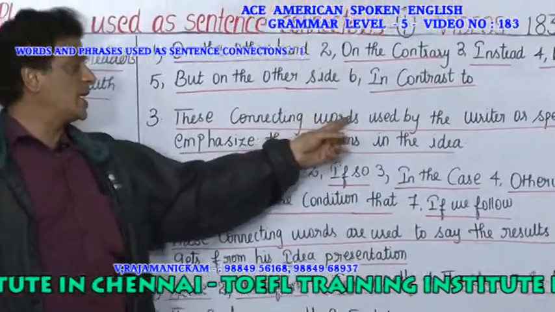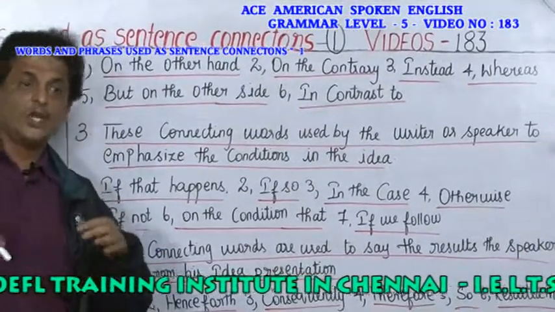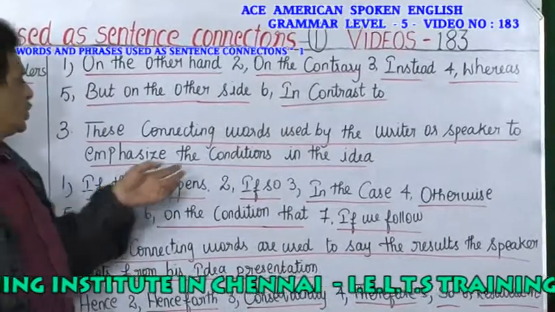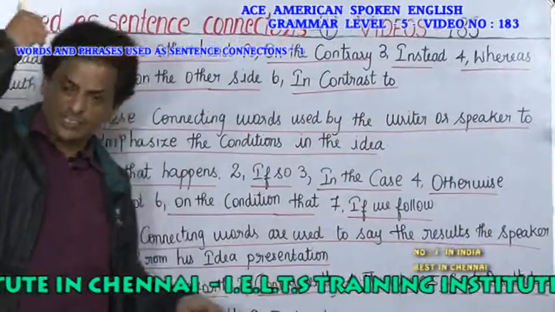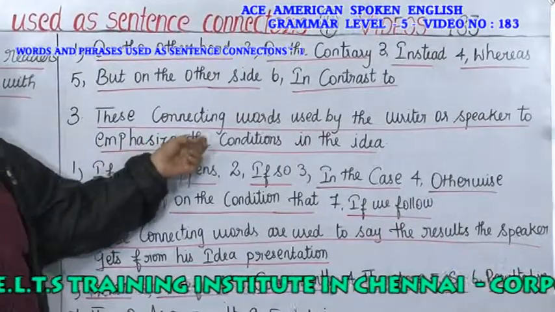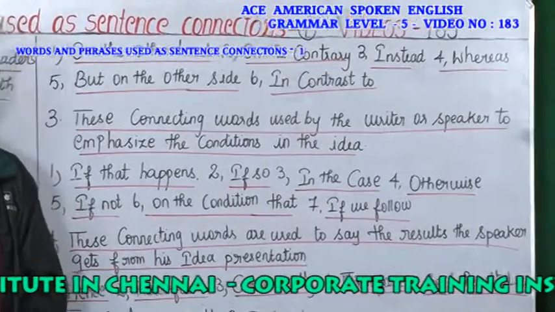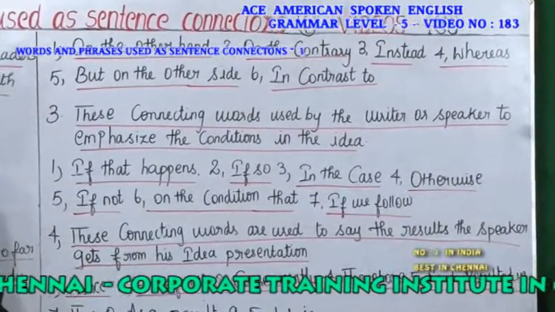These connecting words are used by the writer or speaker, if you want to write an essay, if you want to speak, to emphasize. Emphasize means what? To reassure, to confirm the conditions in that idea. You are reaffirming the conditions in the idea.